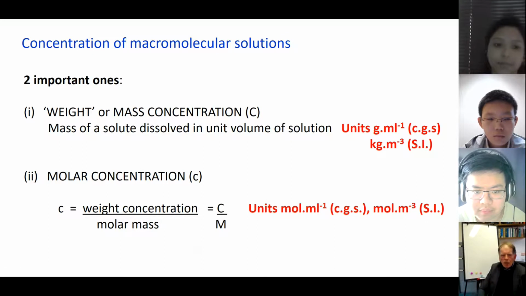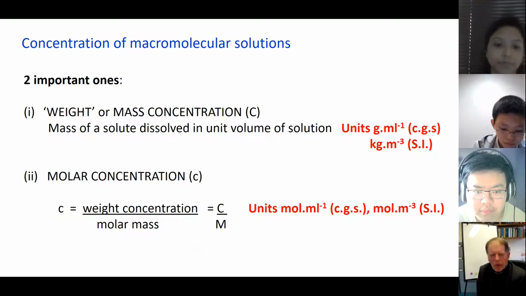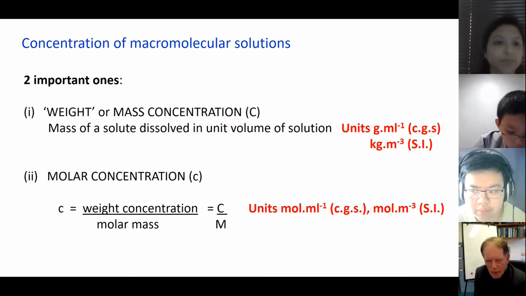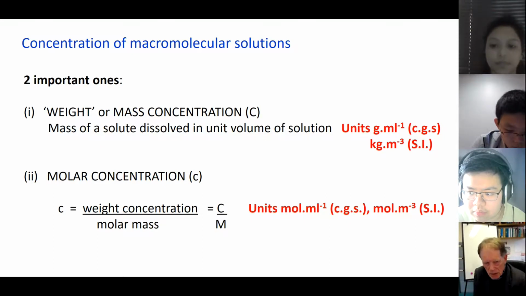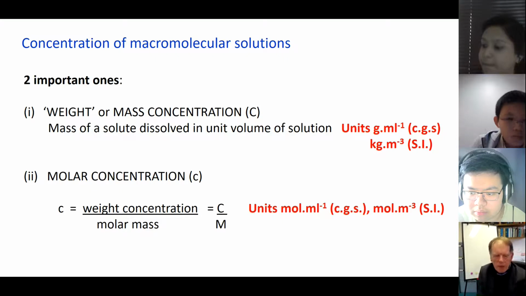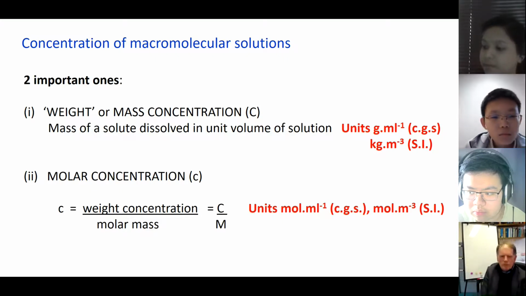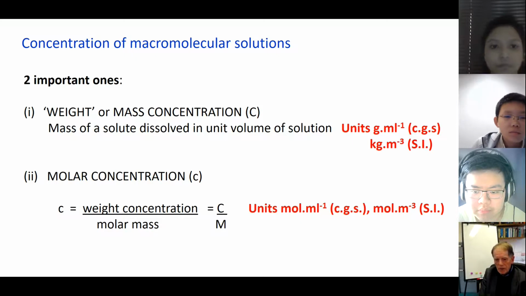interactions. Right, so let's assume we've managed to dissolve our protein or polysaccharide or nucleic acid into solution of water, or it could be water in the presence of salt ions. There could be salt ions present. It could be buffer ions.